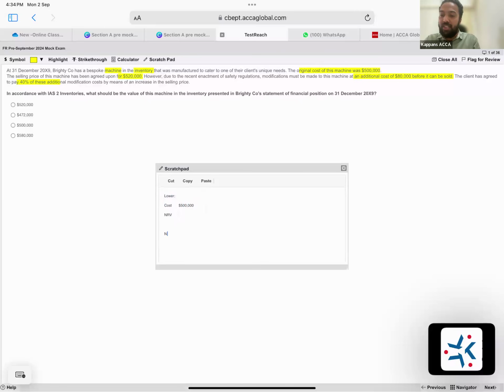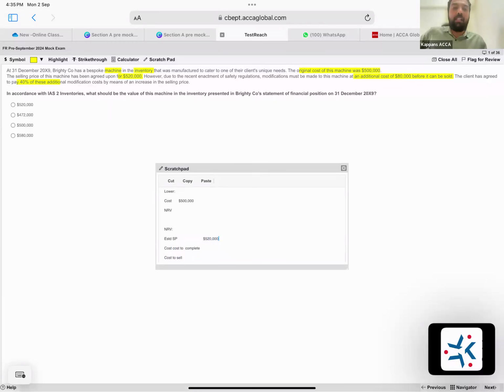NRV includes estimated selling price less estimated cost to complete and estimated cost to sell. So the estimated selling price is given in the question. The selling price of this machine has been agreed for $520,000.